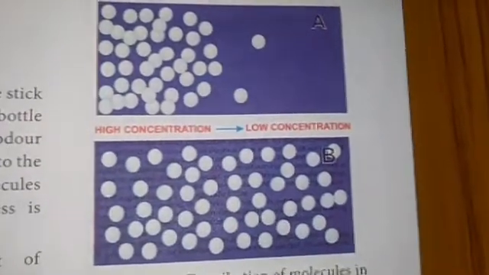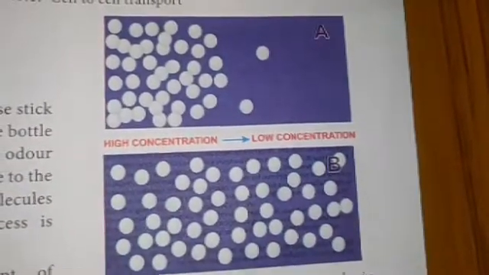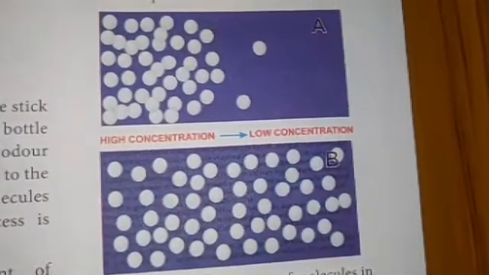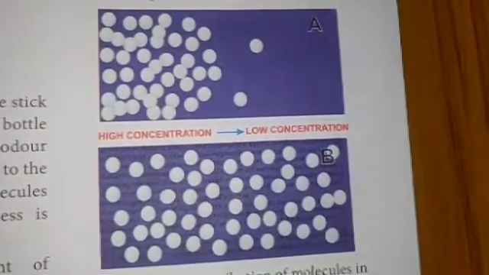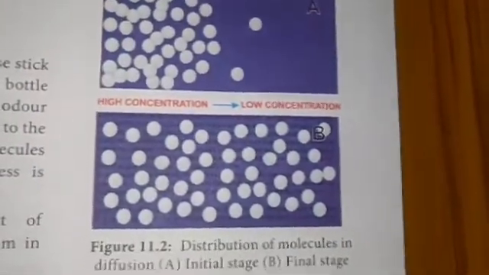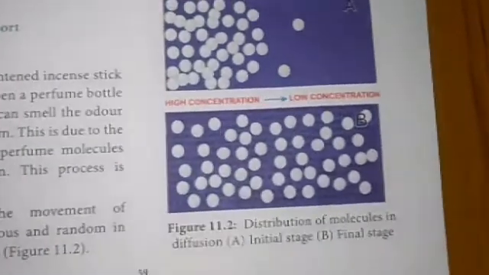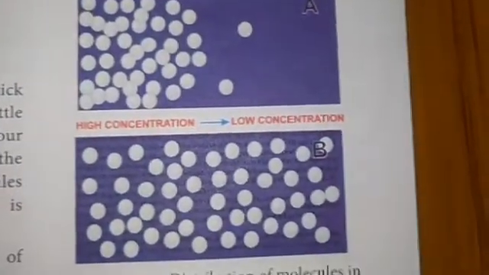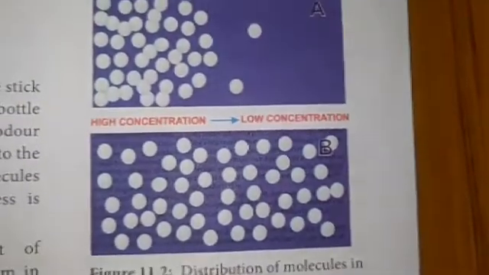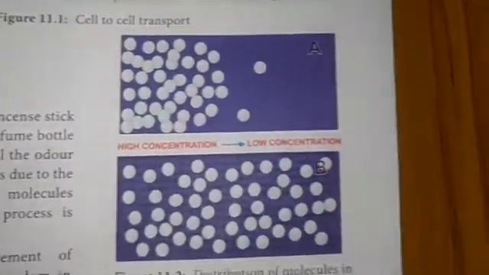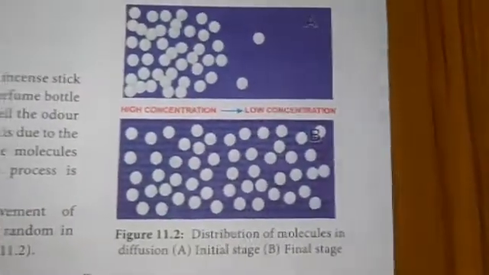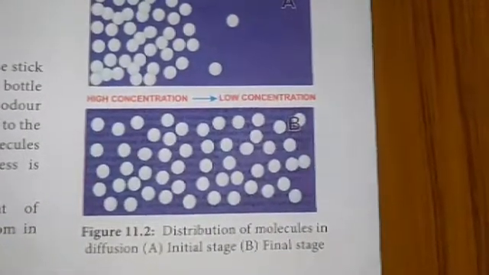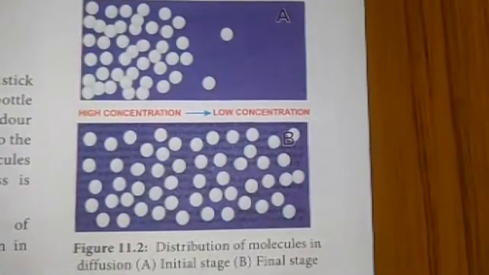Diffusion is the movement of molecules from a region of higher concentration to a region of lower concentration until equilibrium is obtained. An example of diffusion is when we light an incense stick or a mosquito coil, or open a perfume bottle in a closed room, we can smell the odor everywhere in the room.